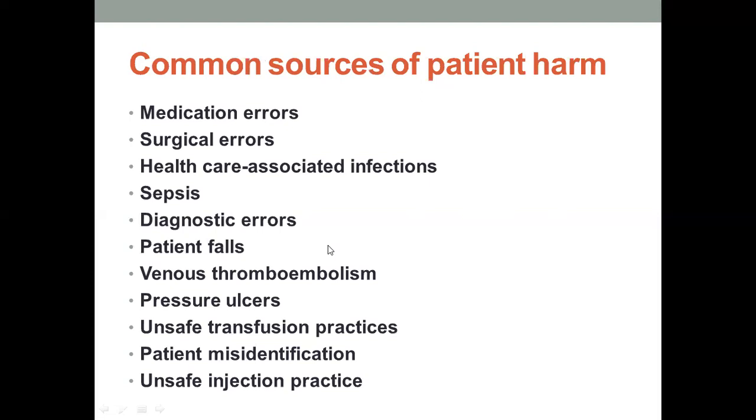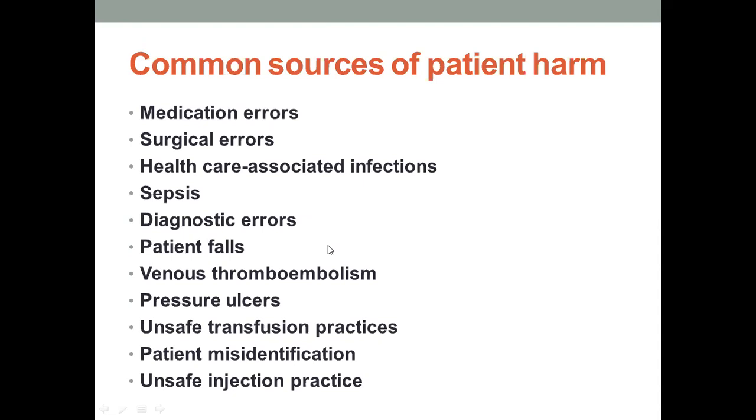Sepsis. Sepsis means getting infected with two or more bacteria or microbiome. Then diagnostic errors, giving a wrong or faulty diagnosis, patient falls, and venous thromboembolism. For example, while administering medication, if you are not following the proper way of administering injections, it may lead to air bubbles going into the veins, that is venous thromboembolism.